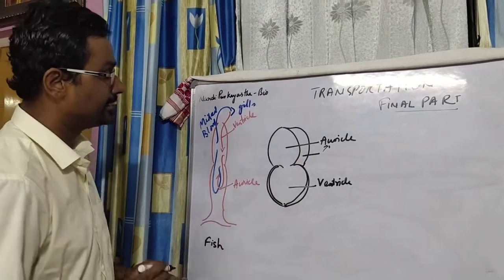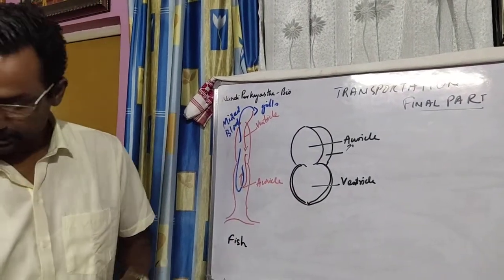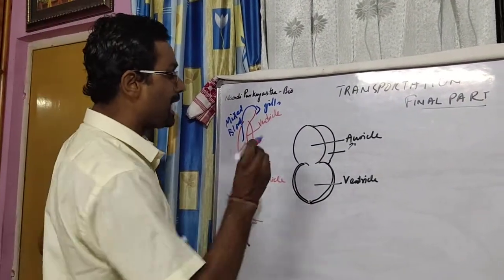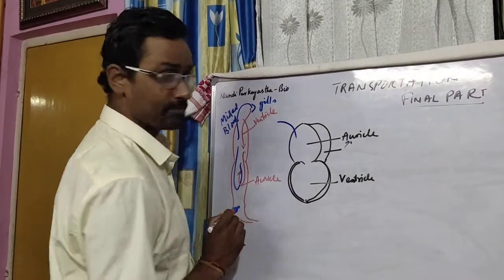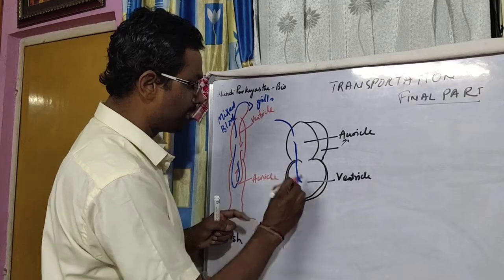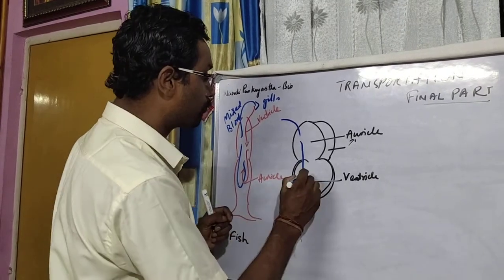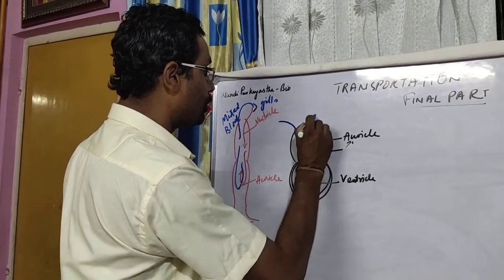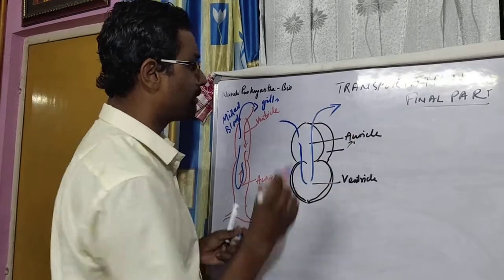See the thing. Now what is happening here? You see, impure blood comes to the right auricle. Then it goes to the ventricle. Ventricle is one. From here the blood goes to the lungs for purification.